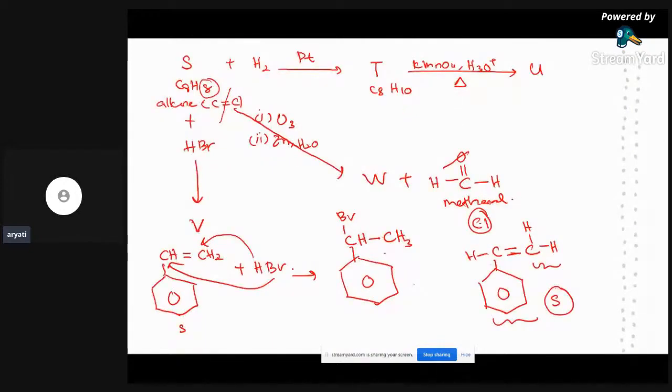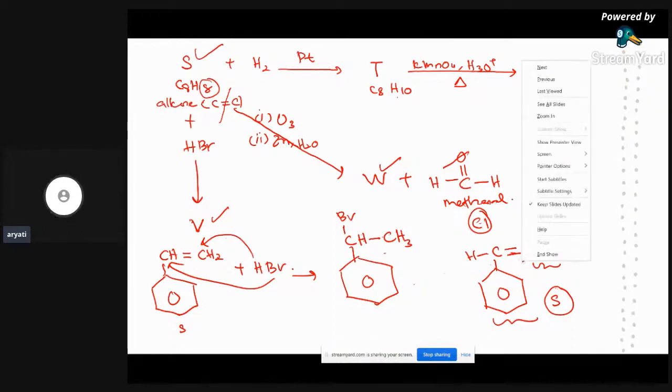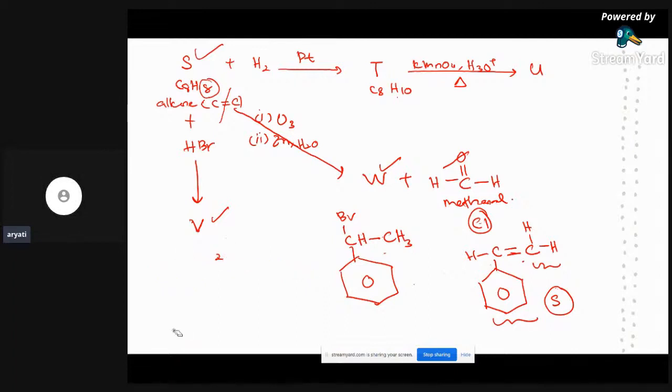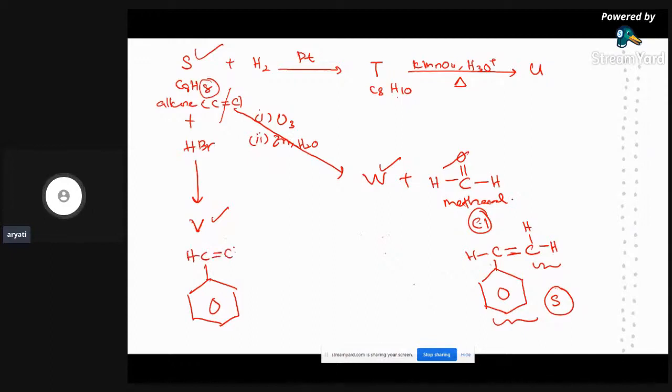Okay. Kemudian V done, W done, S done. So kita akan lukis structure bagi T. Bila kamu dah tahu structure bagi S, kalau nak jadi T, saya salin balik structure bagi S yang ini, benzene, CH double bond CH2.